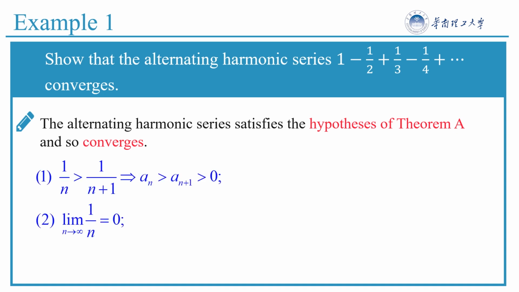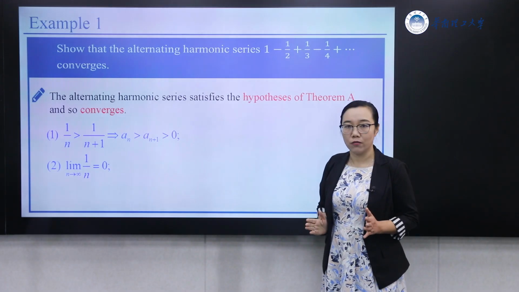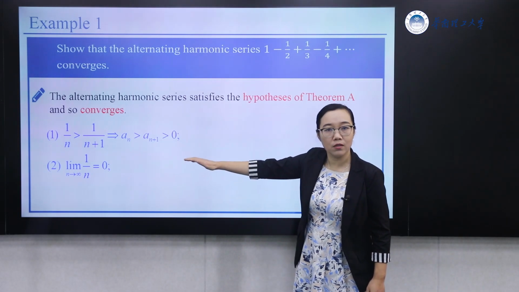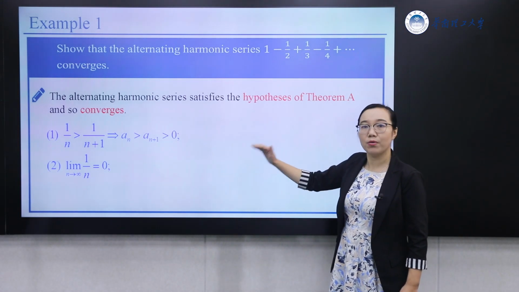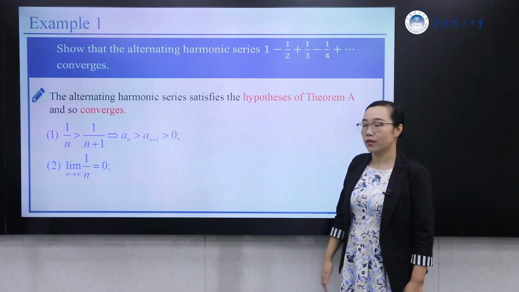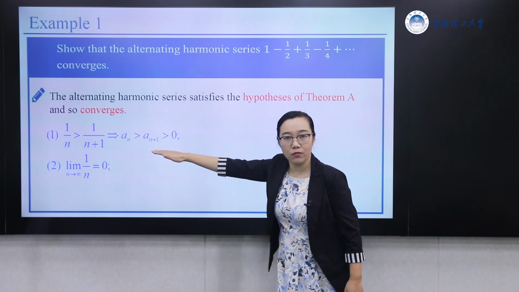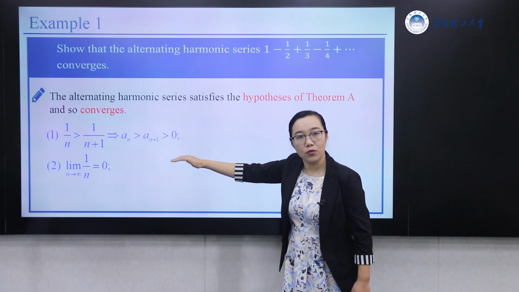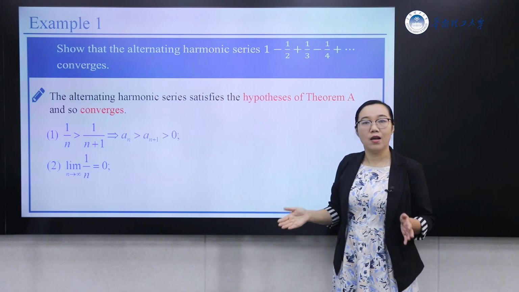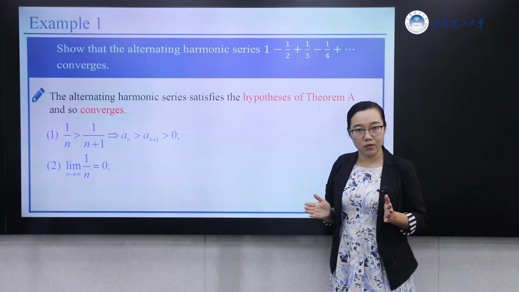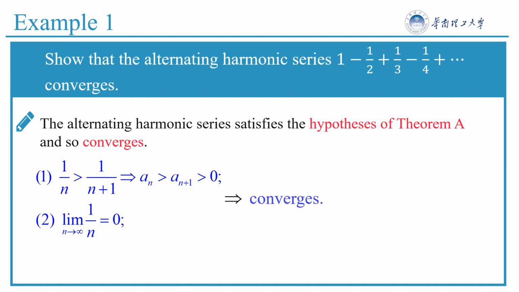We can know the two conditions: condition 1, 1 over n is greater than 1 over n plus 1, which means that An is greater than An plus 1, which is greater than 0. Moreover, the limit of 1 over n equals 0, so the series converges by theorem A.